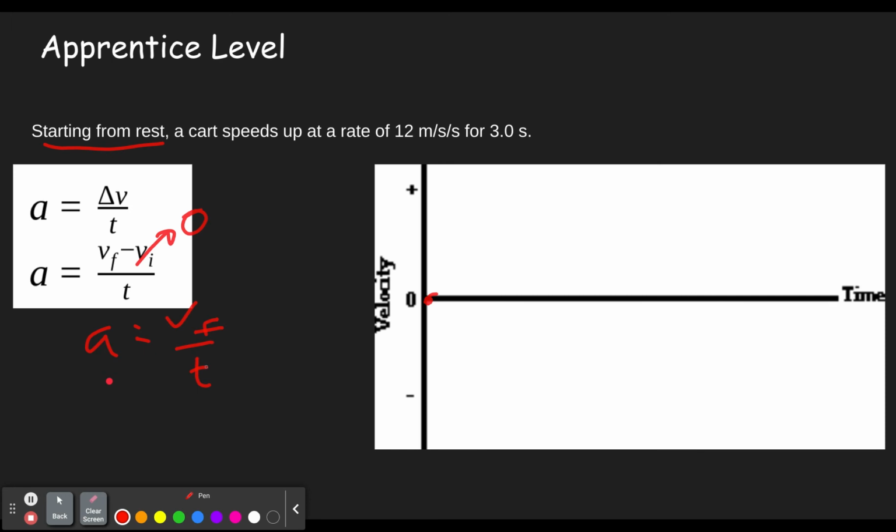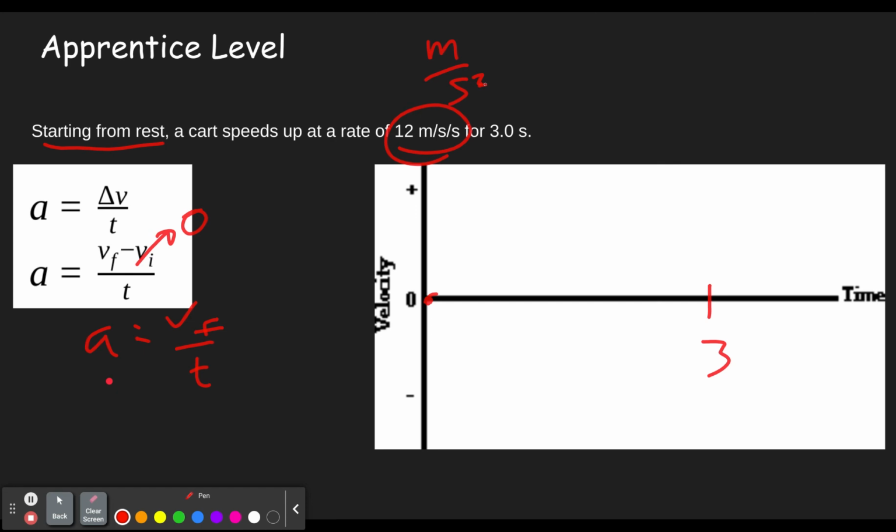Notice it doesn't tell us what our vf is, and so that's why we're going to need this equation. We've got the 3 seconds. We know it's going to go to 3 seconds, but it's speeding up at this acceleration, meters per second per second. Sometimes you'll see that written meters per second squared, so you might be more familiar with that. But meters per second per second is the same thing.